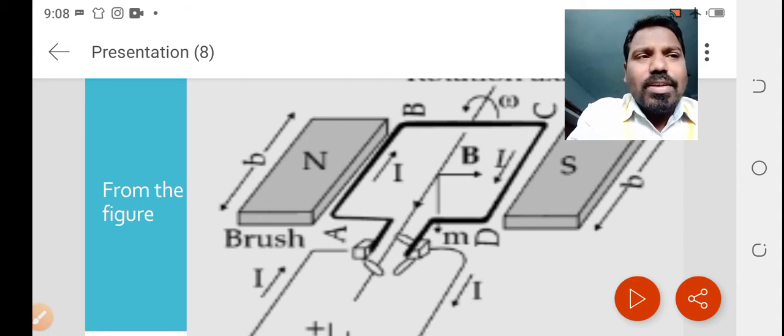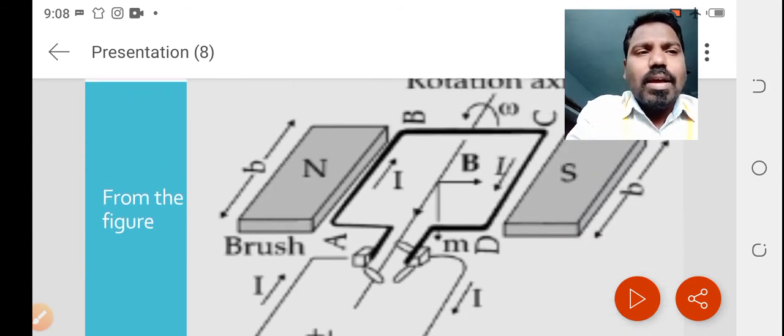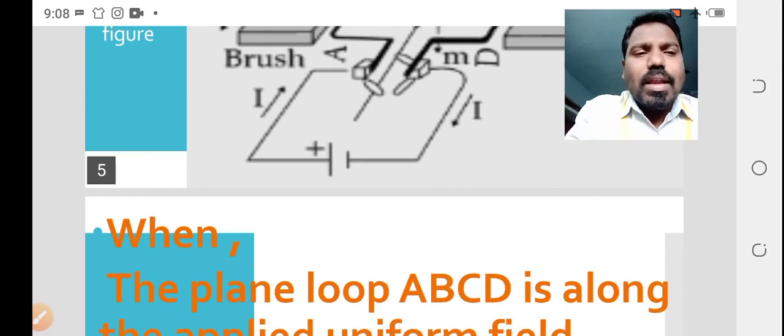The first condition is when the faces are along the applied field. The faces along the applied field are AD and BC.